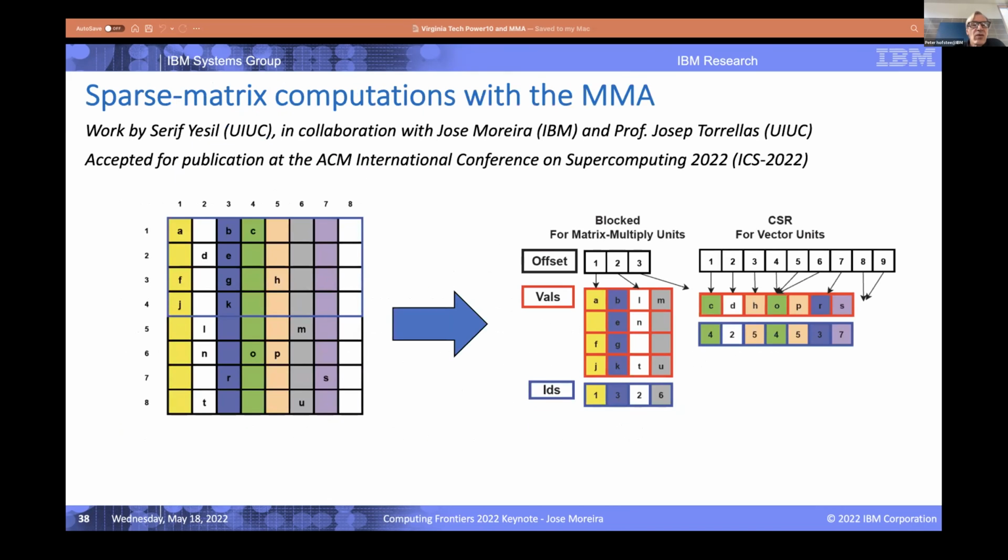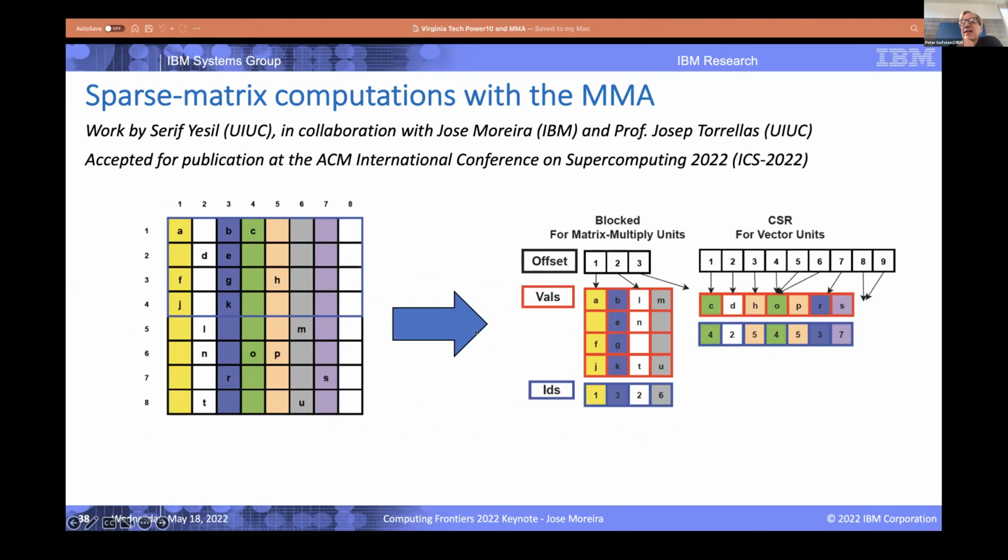I've included a link to this work. There's a bit of innovation here in the formats as well: a new way of storing sparse matrices that allows you to use both the matrix unit and the vector units effectively when you execute on this.